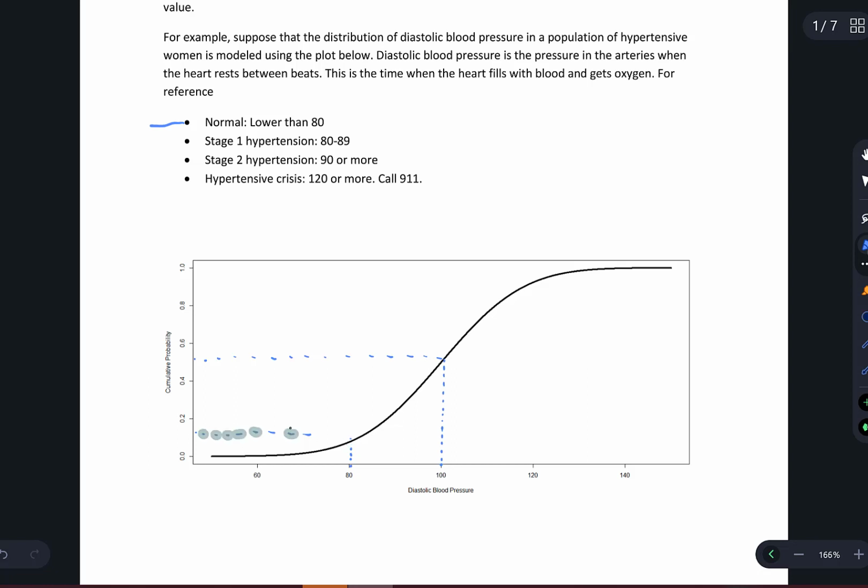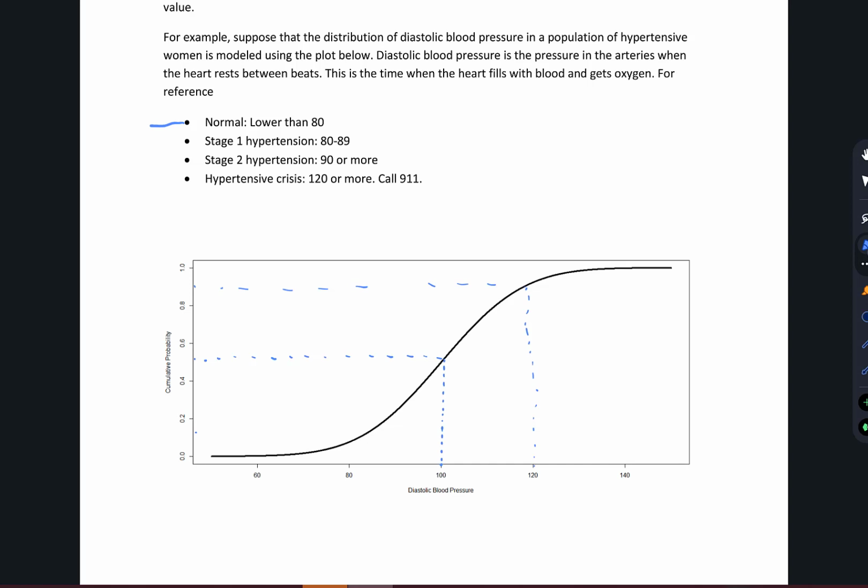We'll erase some of these lines here so we don't get our plot too cluttered. There we go. And then if we look all the way up to 120, we can see that approximately 90% of women in this population have a diastolic blood pressure of 120 or less, and so that "less" is important here.